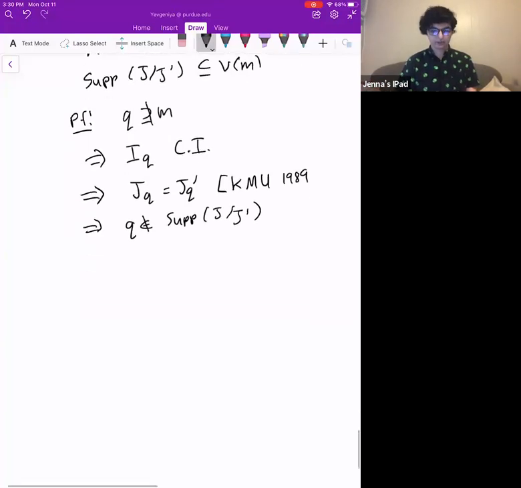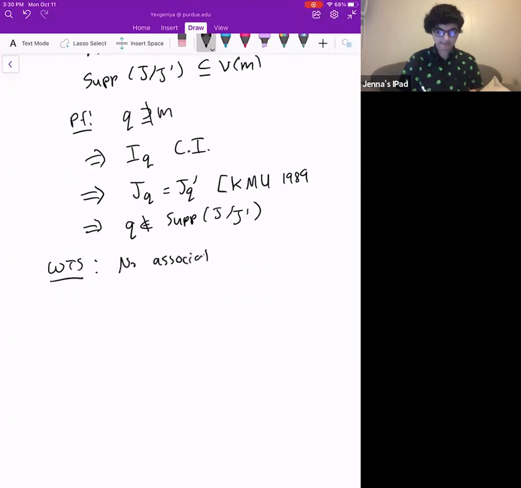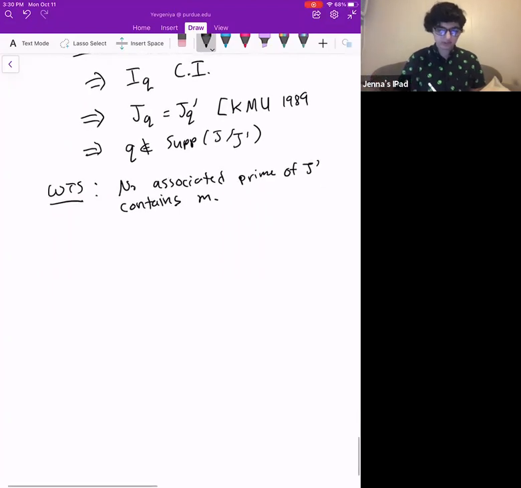So really what we need to show is that no associated prime of J prime contains M. And this is where the square-free thing is actually going to come in. So we know that the initial ideal of J prime is square-free. And this implies that the initial ideal of J prime is reduced.